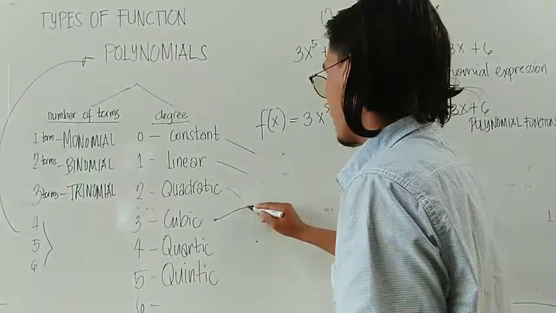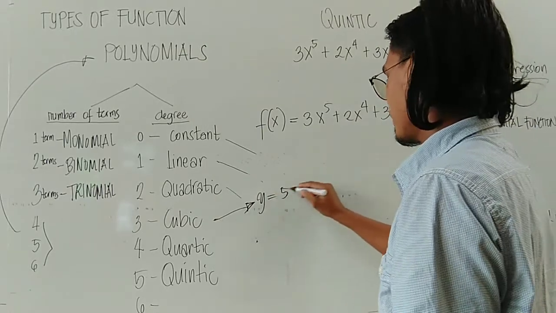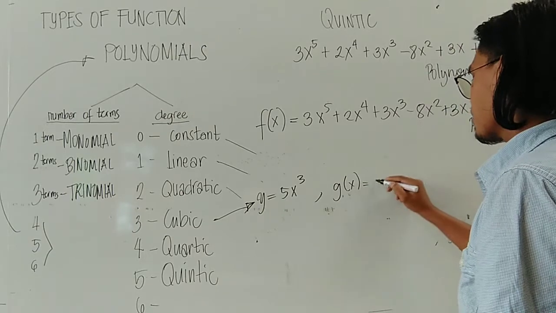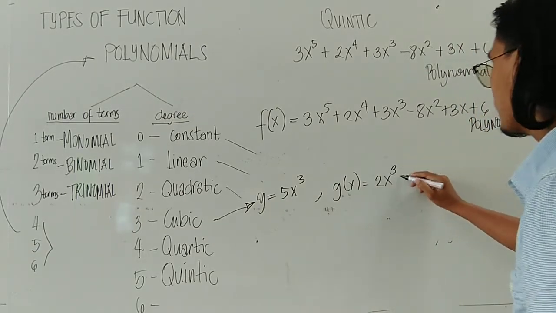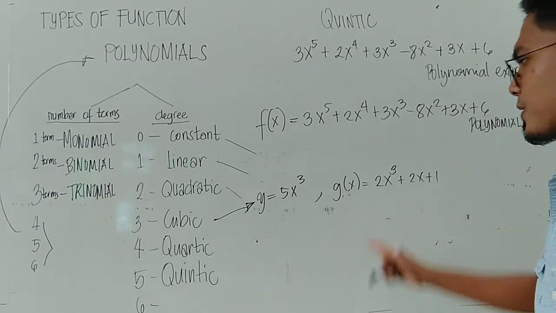So sa cubic na kasubong, cubic example is y is equals to 5x cubed. Another one, we have g of x is equals to 2x cubed plus 2x plus 1. So cubic na siya, guys.